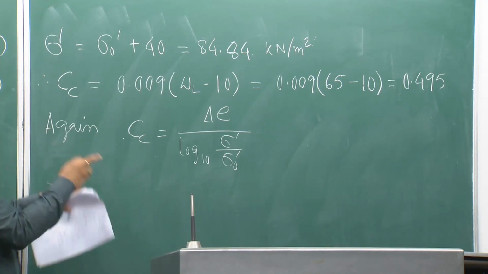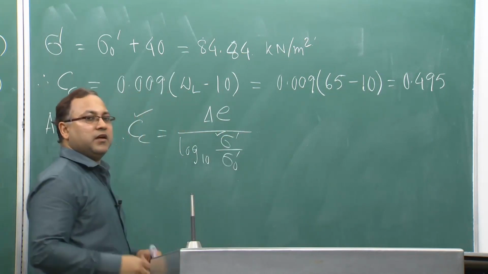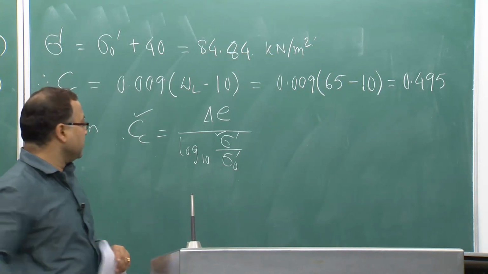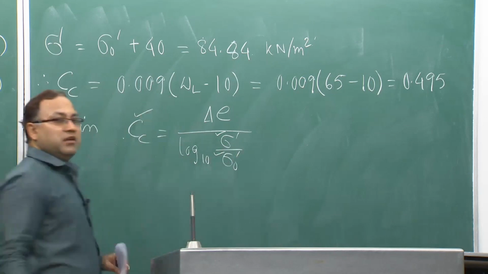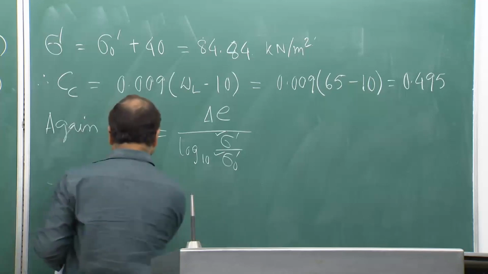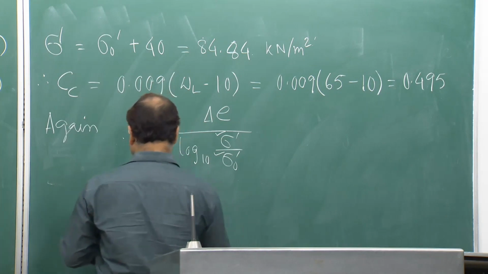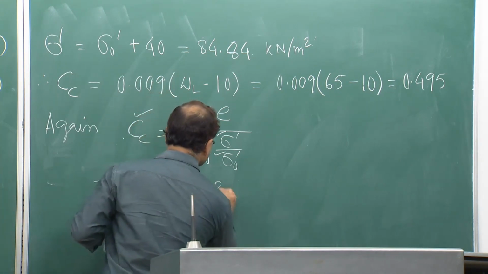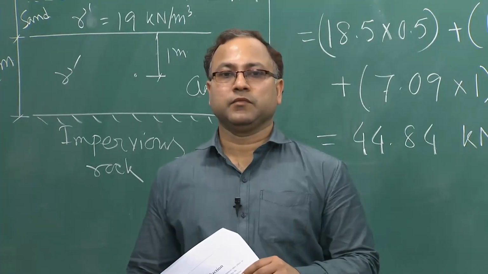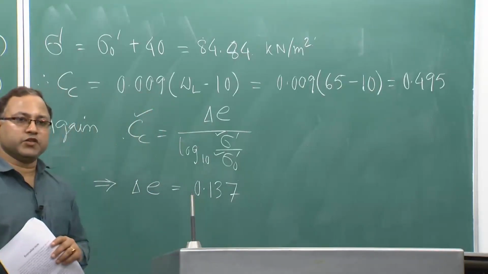In this expression, I know Cc, I know sigma prime, that means the modified effective stress due to the additional stress application, and this is my initial effective stress. These things are known to me, so I can find out the change in void ratio. If I put all the values, I will get delta e equal to 0.137. So, this is my change in void ratio.